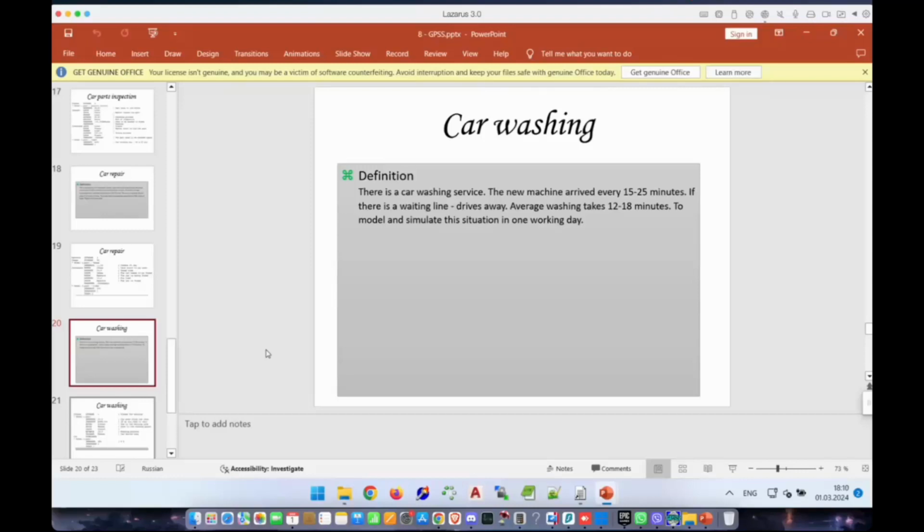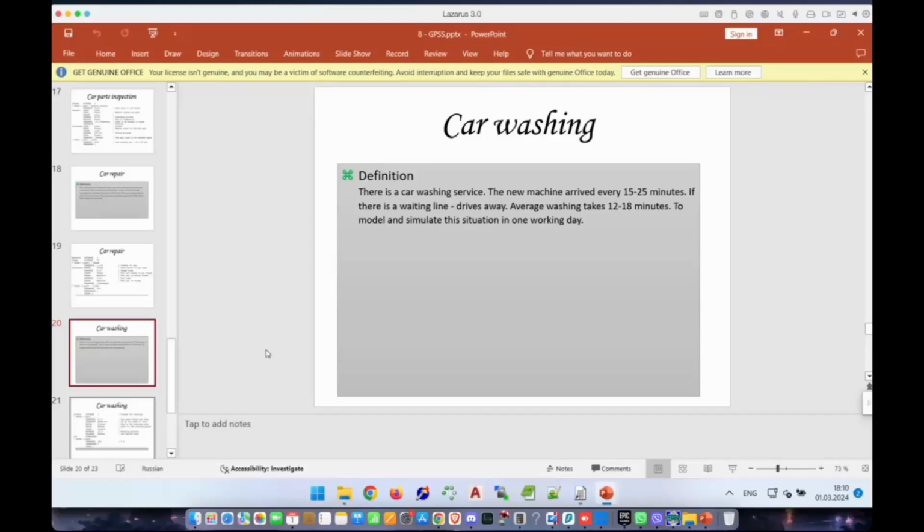The washing itself takes from 12 till 18 minutes. So you have to make the simulation using GPSS for one working day. So literally 8 hours. That will be fine.